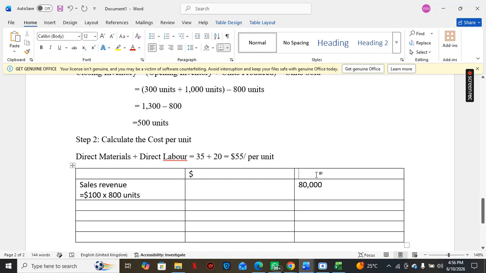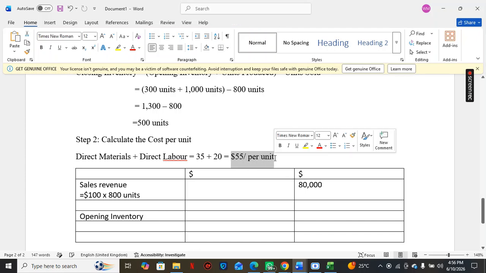Next, we have to get our variable cost of sales. First things first, our opening inventory. Remember, with marginal costing, you value the opening inventory, the units produced, and the closing inventory at the marginal cost per unit.